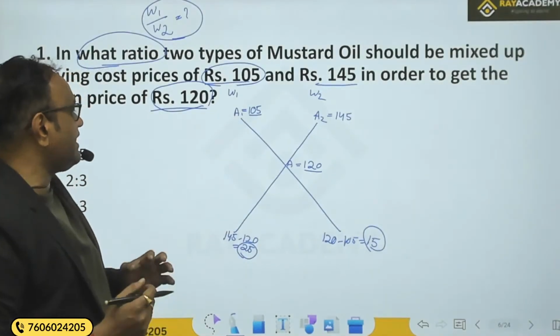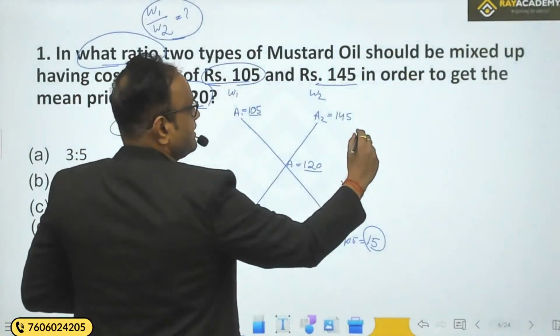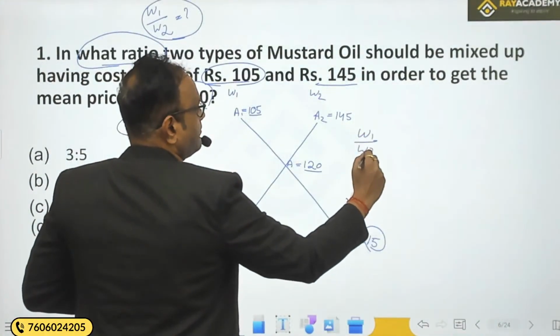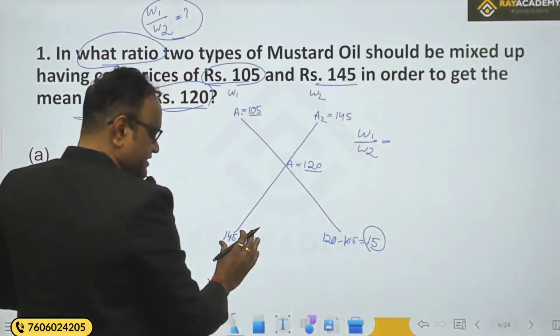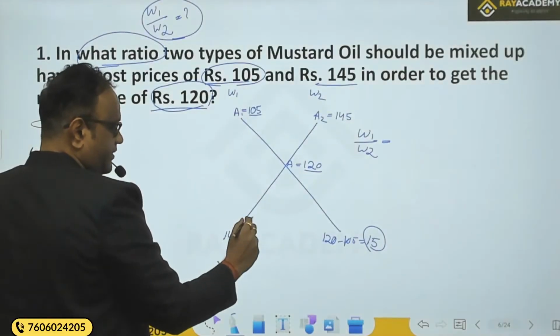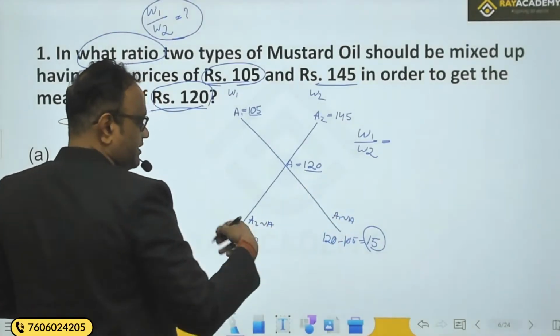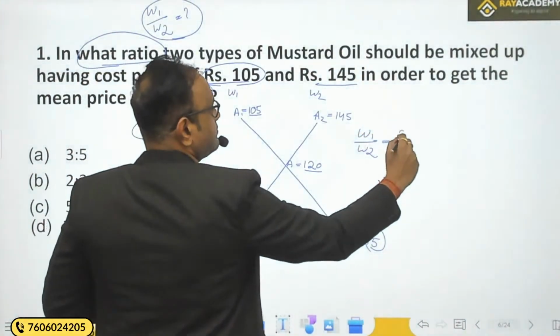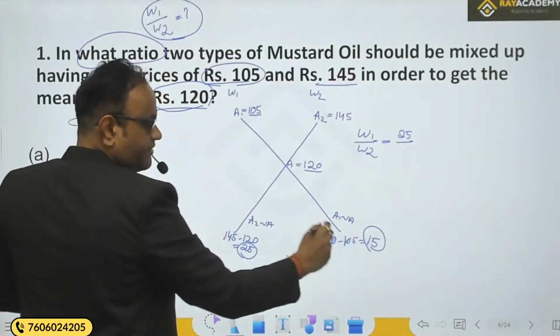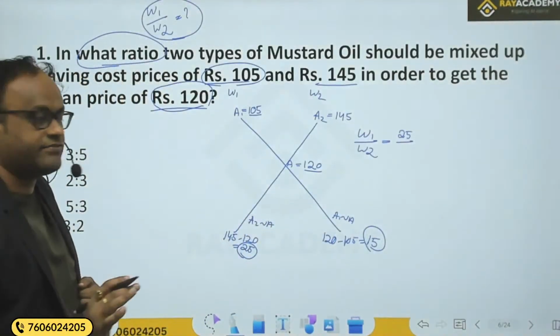This is 15. So what does alligation say? Alligation says W1 by W2 will be this difference. This is the A2 and A difference, and this is the A1 and A difference. What is the A2 and A difference? That is 25. What is the A1 and A difference? That is what we have calculated, it is 15.